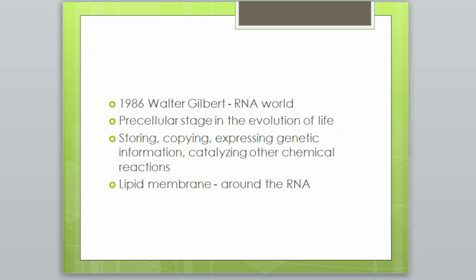Walter Gilbert coined the term RNA world to describe the pre-cellular stage in the evolution of life, in which RNA was capable of storing, copying, expressing genetic information, and catalyzing other chemical reactions.